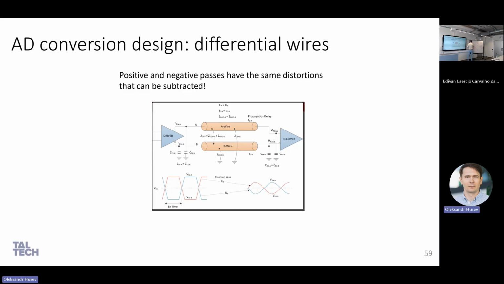You have some sinusoidal signals that you are measuring. Of course, this is reverse and direct, and you assume that you have some noise which comes equally to both signals, and you measure them and subtract. But in a microcontroller, if you don't use differential channels but try to use this approach, one channel will be measured at this point, another channel at this point.